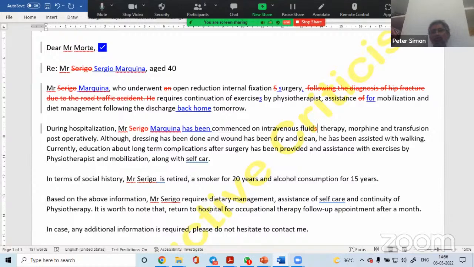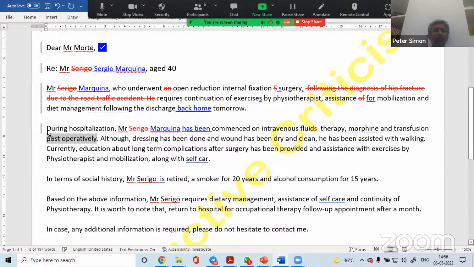But why don't you write morphine and transfusion post-operative? During hospitalization, post-operative: write hospitalization or write post-operatively, any one you write. So directly, why don't you start with post-operatively?